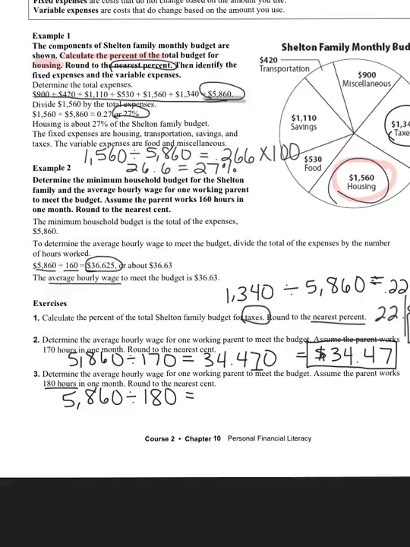And that's 32.555. But if we're rounding to the nearest cent, the nearest cent is the hundredths place, okay? And it has a 5 next to it, so that means that 5 is going to go up to 32.56 as the hourly wage.